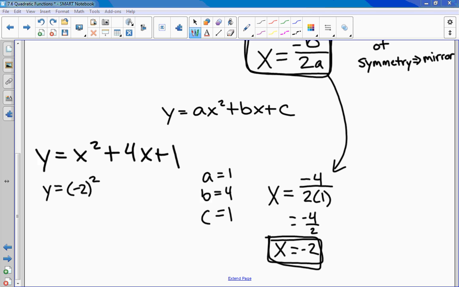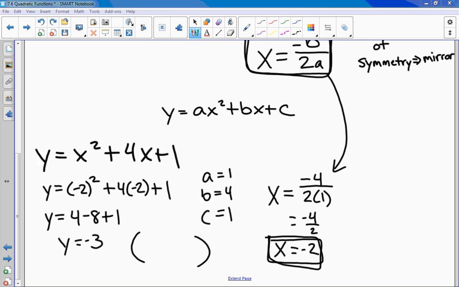So negative 2 squared plus 4 times negative 2 plus 1. y equals 4 minus 8 plus 1, so I end up getting y equals negative 3. Now, y equals negative 3 is great, but I need to write it as an ordered pair. Negative 2, negative 3 is my vertex for this parabola.